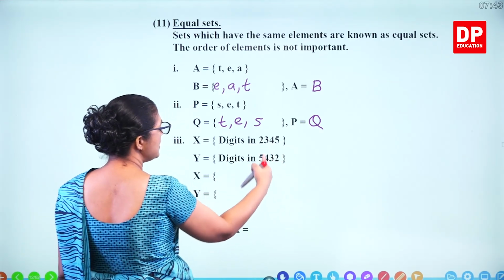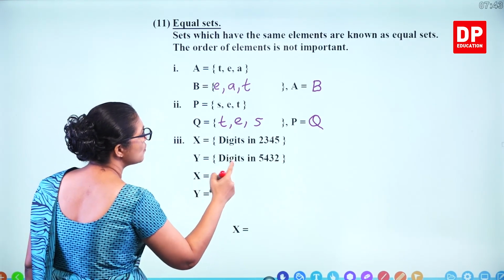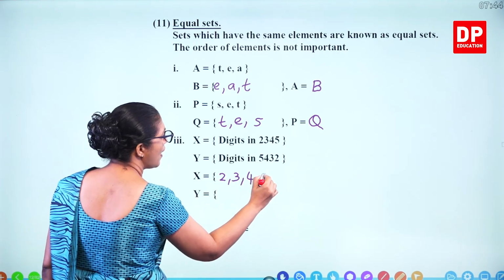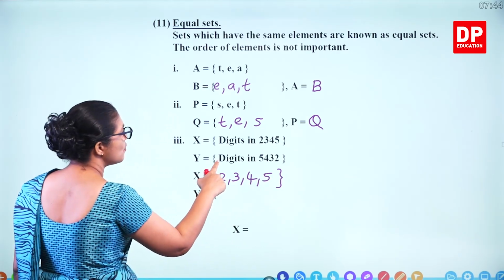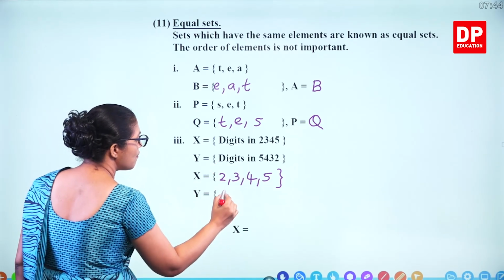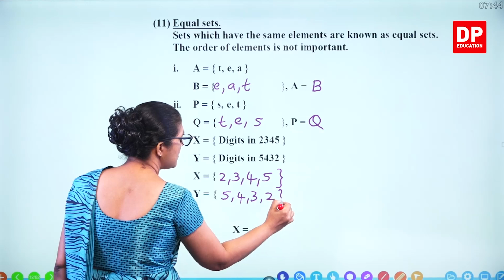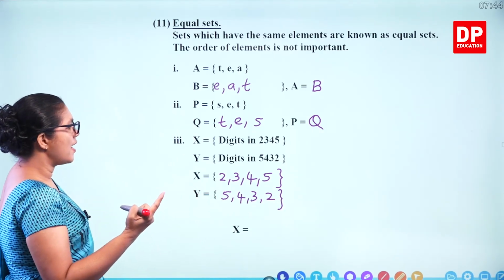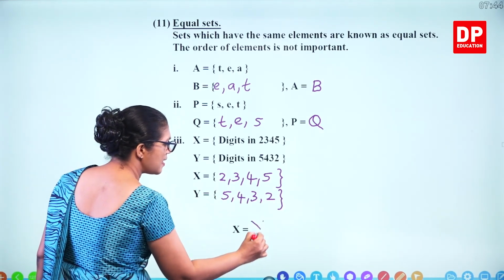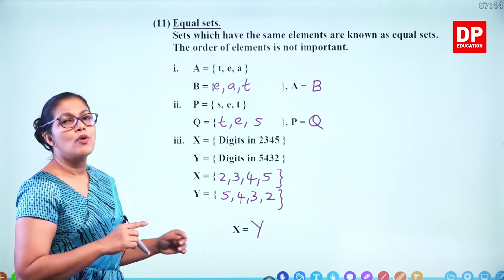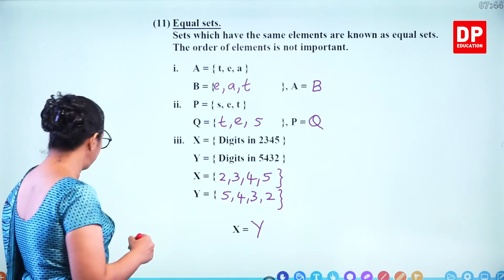You get the same digits. So what are the digits in 2, 3, 4, 5? 2, 3, 4, 5. What are the digits in Y? 5, 4, 3, 2. Same digits. So you can write X is equal to Y. Both two are equal sets.